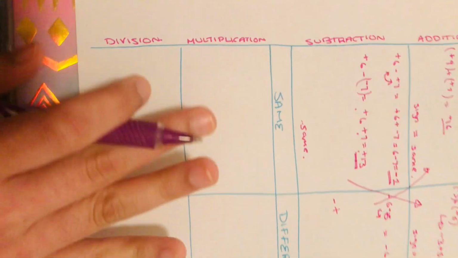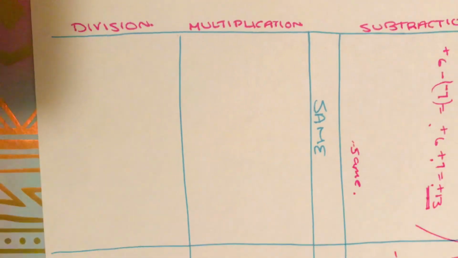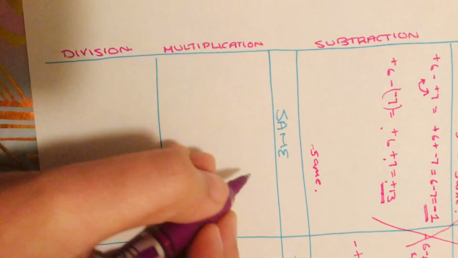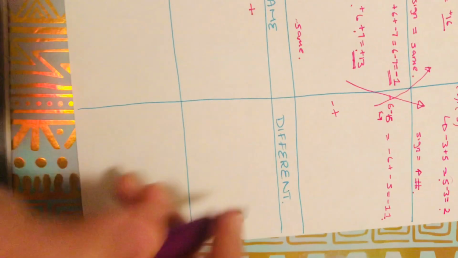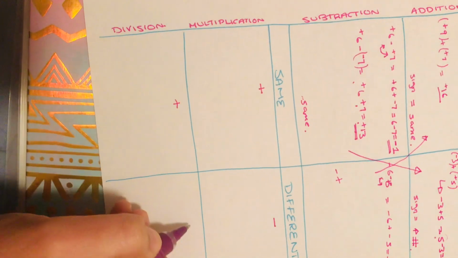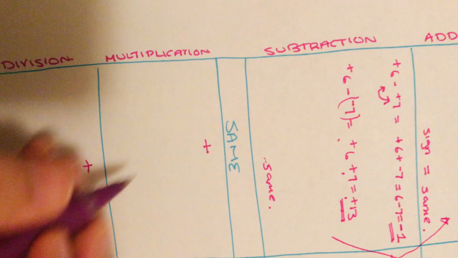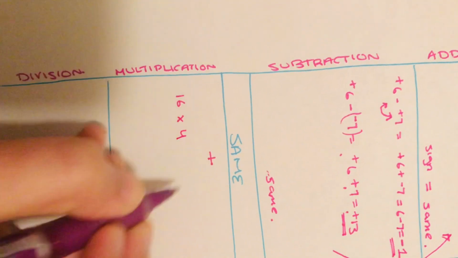Okay, now let's look at multiplication. For multiplication, the rules are really very simple. If the signs are the same, the resulting sign will be positive. If the signs are different, the resulting sign will be negative. And it's the same for division. Let's look at some examples. For example, you have positive 16 times positive 4.